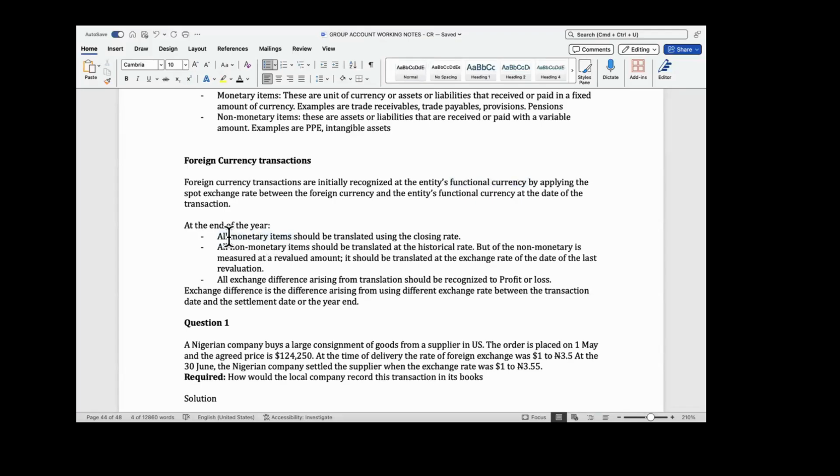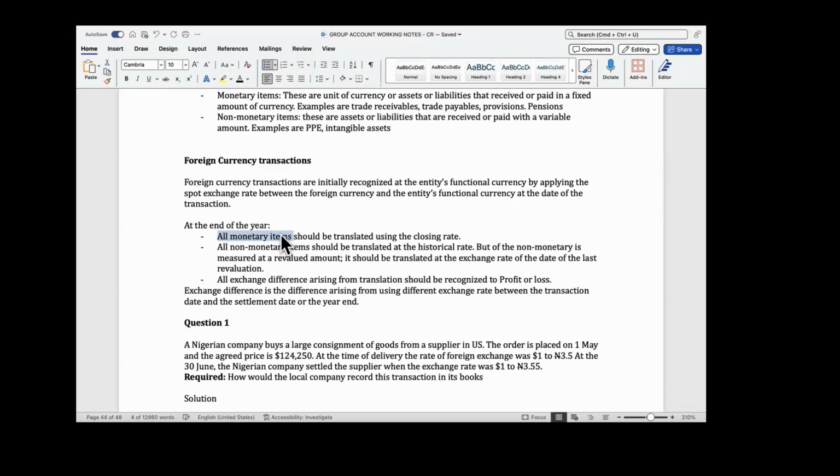And for your reminder, monetary items are similar to financial assets. They are assets to be received or liability to be paid in a fixed unit of currency. So when we say monetary item, you're expecting a fixed amount, or you're supposed to pay a fixed amount. And the typical examples are trade payables and trade receivables.